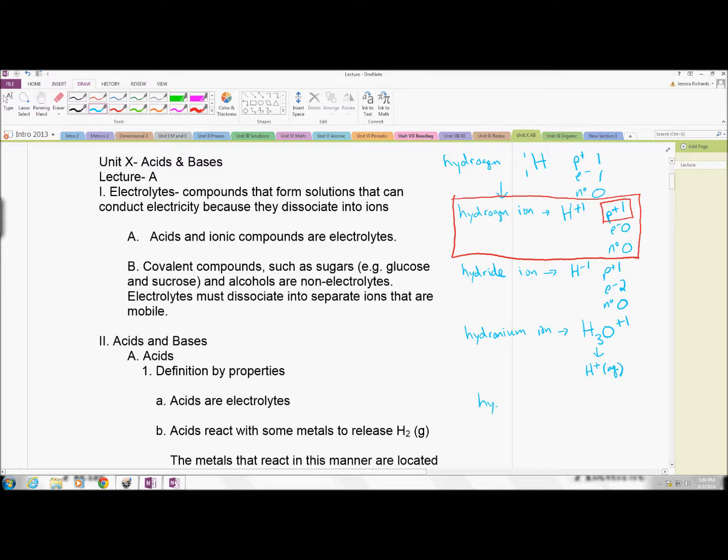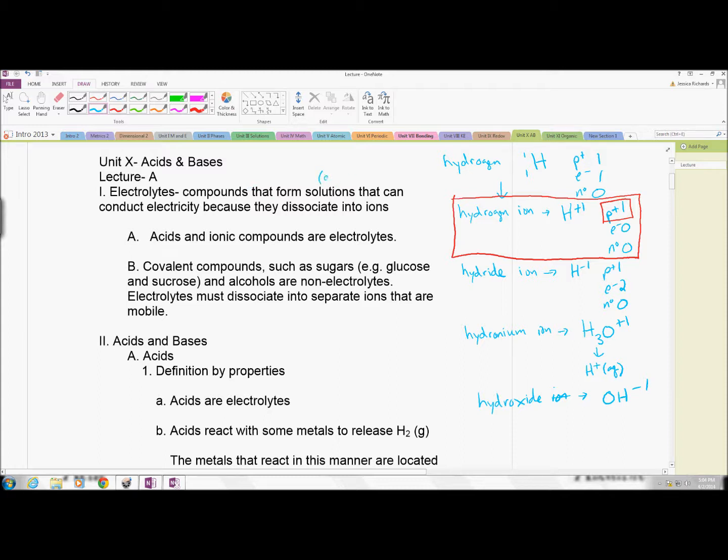There's also the hydroxide ion, which is our OH minus 1 ion. You should be familiar with that by now. Notice how similar all of the names are. You really have to pay attention to detail. All right, when we are talking about solutions, acids and bases are all going to be solutions.